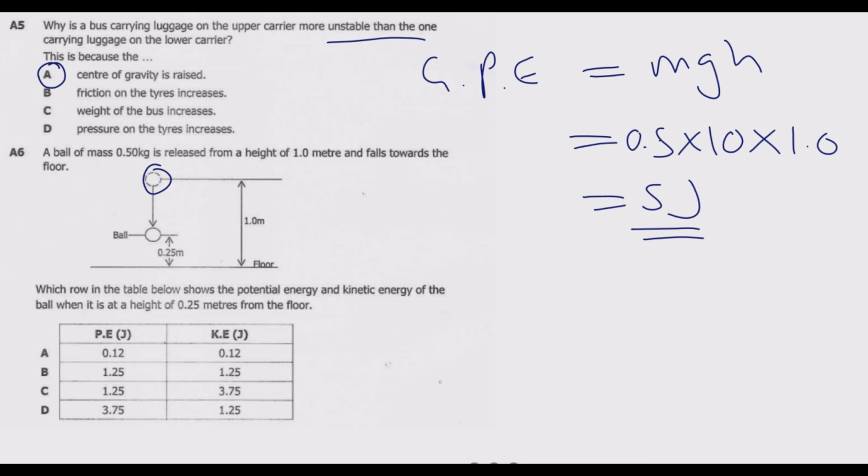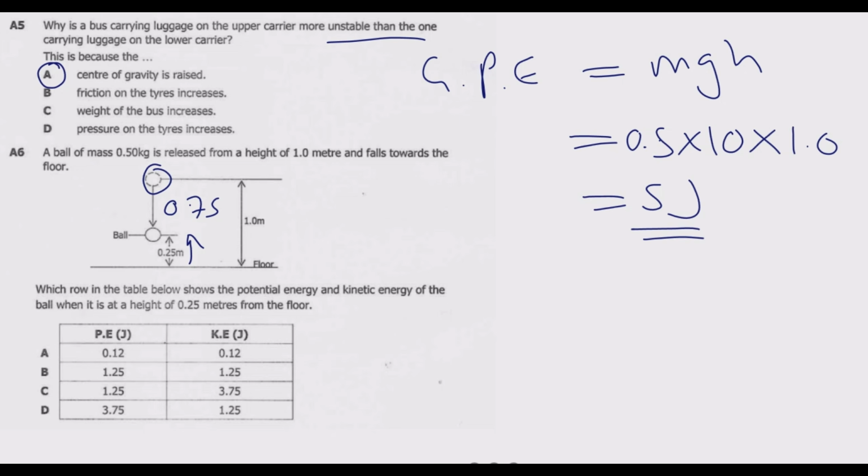Now, the moment the ball drops by 0.75 meter, for it to be 0.25 meters above the floor, it means about 75% of the potential energy would have been converted to kinetic energy.